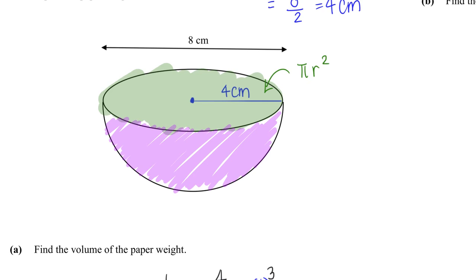How can we find this? Well, for this, it is half of a sphere, so it's half of 4 pi r squared, because 4 pi r squared is the surface area of the whole sphere, so it is half of it.